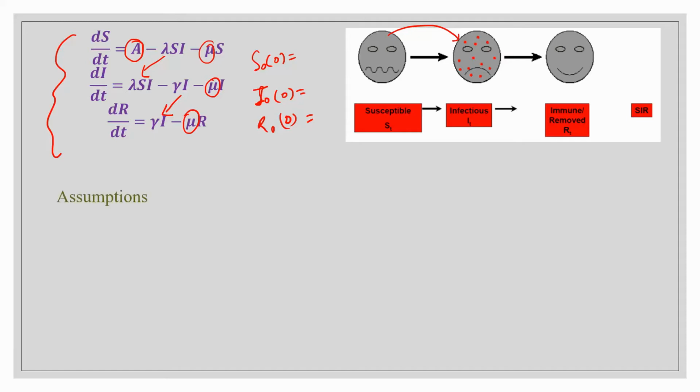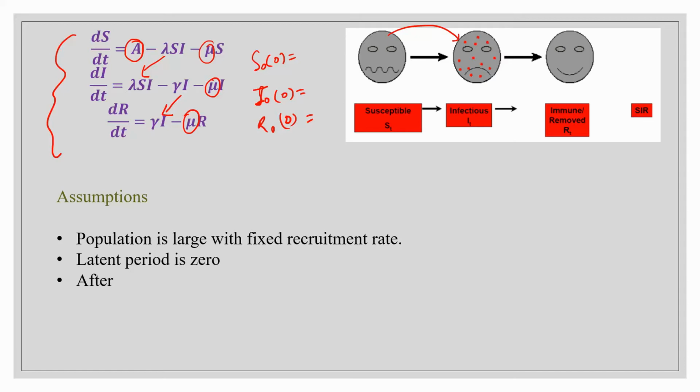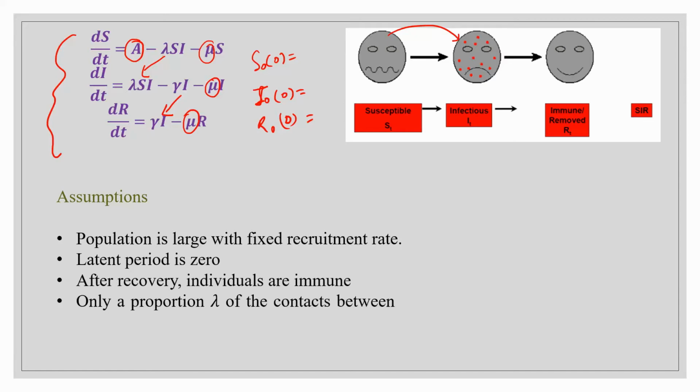Obviously, for designing this model we have made certain assumptions. What are the assumptions? We considered that the population is large with a fixed recruitment rate, which is given by A, and the latent period is 0. That means that whenever the population comes in contact with the infectious person, they start showing the symptoms immediately. Latent period means the time between getting infected and starting to show symptoms, but here we consider that the latent period is 0.